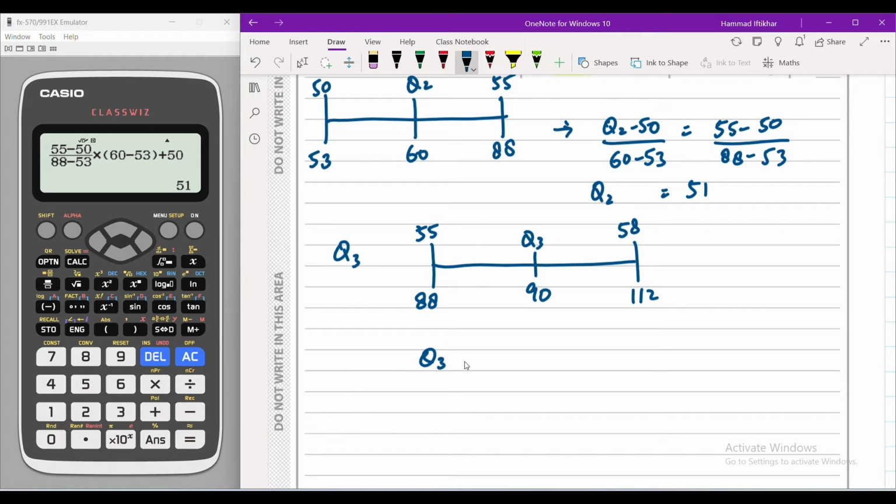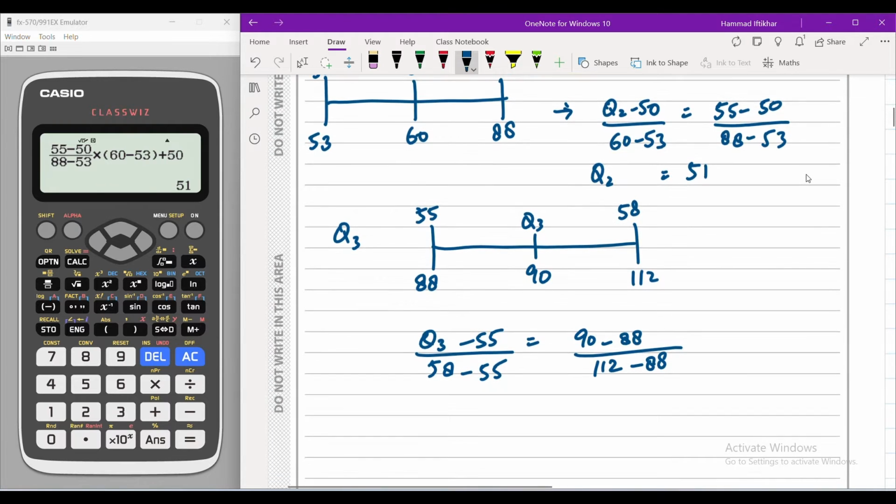So Q3 minus 55 divided by 58 minus 55 equals 90 minus 88 divided by 112 minus 88. Mathematically it will be the same thing. In the denominator, for example, if you write 90 minus 88, it would be mathematically the same.